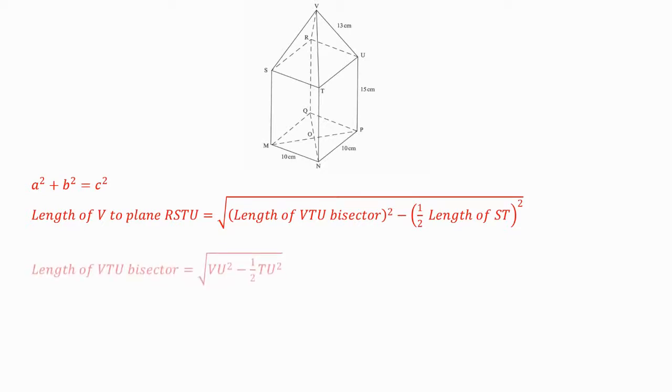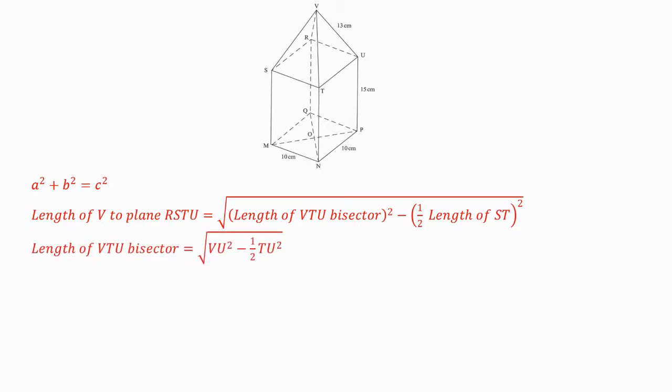So first we are going to compute the length of the VTU bisector, which will be VU squared minus half TU squared. In relation to the bisector of triangle VTU, VU is the hypotenuse and TU is one of the sides, and V to the midpoint is the other side. And so we have 13 squared minus 5 squared, which is equal to 12 centimeters.